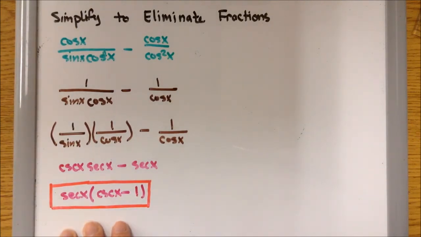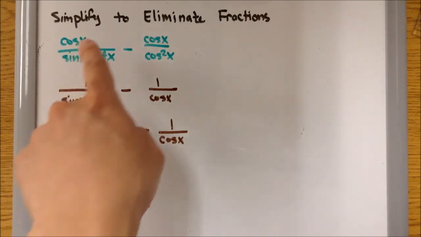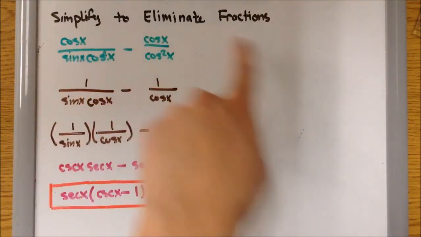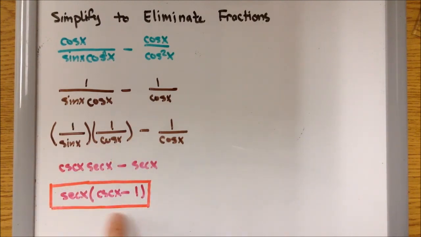Here, we're going to keep it as secant of x times cosecant of x minus 1 instead of leaving it in terms of sine and cosine, because they're all in fractions. The title of this section is to eliminate fractions, so we implement the reciprocal identities so that we don't have fractions in our final answer.